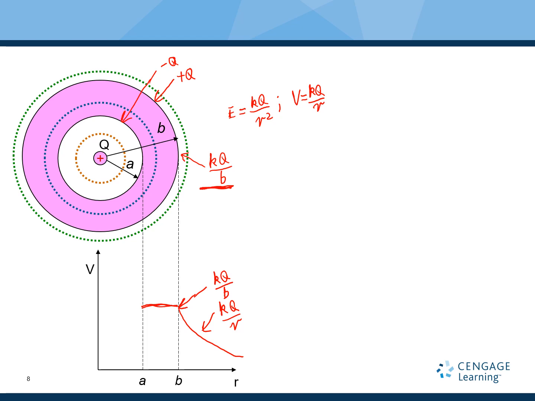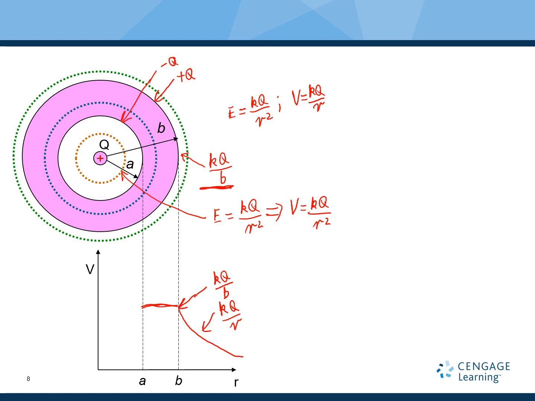Now, this is where the insight begins. We realize that the electric field for this red closed Gaussian surface that lies inside the inner boundary of the conducting shell, by applying Gauss's law, is still given by KQ divided by R squared. That implies that the potential V should still be equal to KQ divided by R, but not quite just that.